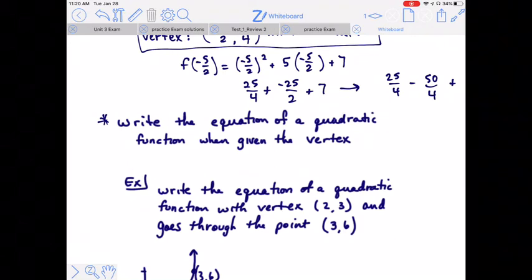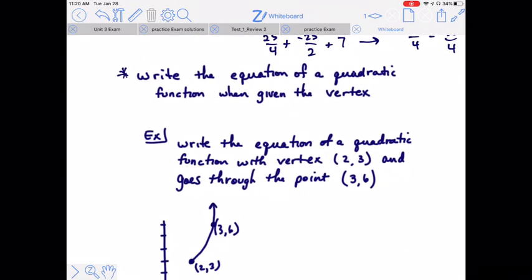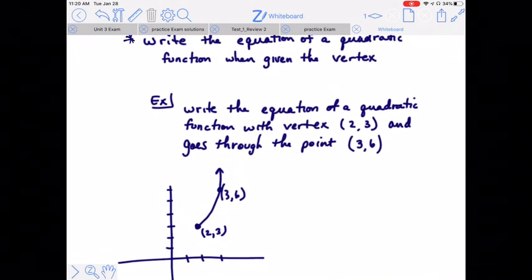That's important information which we'll need in a second. Looking at the graph, here's the vertex at 2, 3, and the parabola goes through this point of 3, 6, and because parabolas are symmetric and the vertex in this case would be at the bottom, we would rightfully assume that the other side of the parabola would look like that.